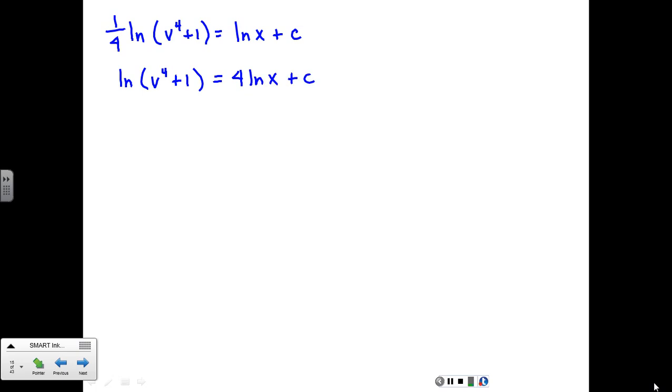Okay. Now what? E it? Okay, I'm going to E the thing, like y'all said. Y'all are exactly right. But you got to be careful right here. We'll get some algebra rules and logarithm rules messed up. What is that 4 in front of the ln x going to become?